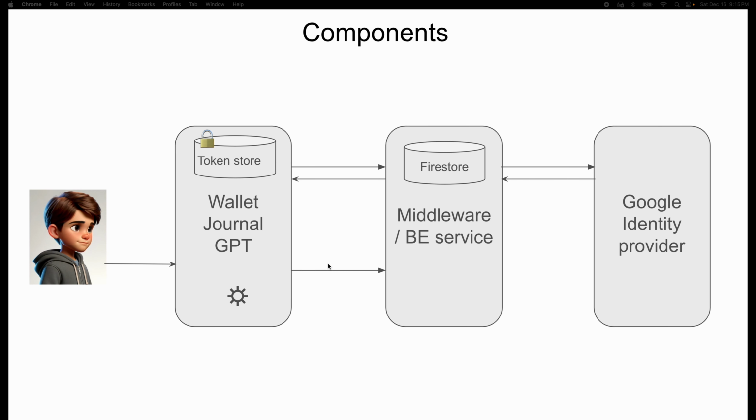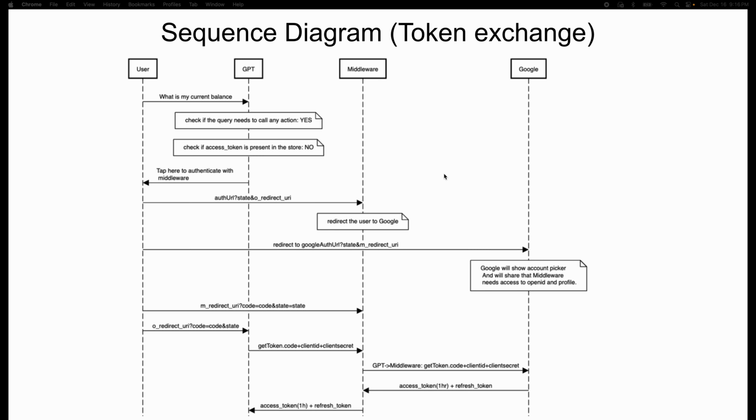This access token will be exchanged with Google to validate the user's identity, and with this we will be able to get the user's balance in our Firestore. Once we get that, we will pass it to the GPT, and then the GPT will give it back to the user. So let's go through the sequence diagrams.